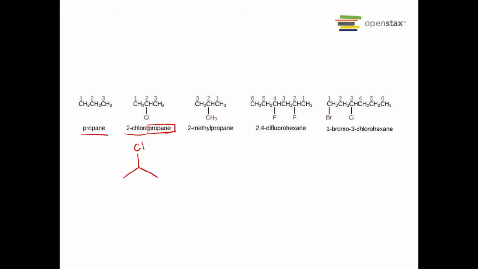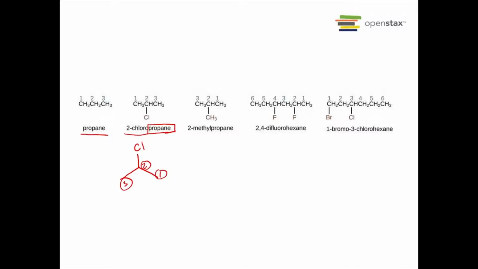With something like propane, carbon number 1 is always on the end of a chain. So I'd say carbon number 1 is this one, then this one has to be 2, this one has to be 3. Instead, you don't have to number from left to right. We could say this is carbon 1, this is carbon 2, this is carbon 3. And that all depends on how the structure is drawn.